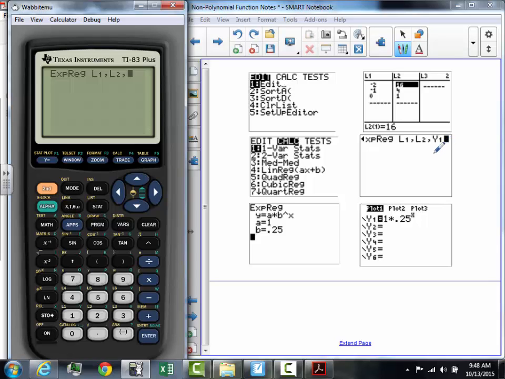Here's where you find y. Over here it says vars. Vars stands for variables. Then it either gives you vars or y vars. We would like a y variable. For the other one, store reg equation. You actually can skip the third one and go right to there.